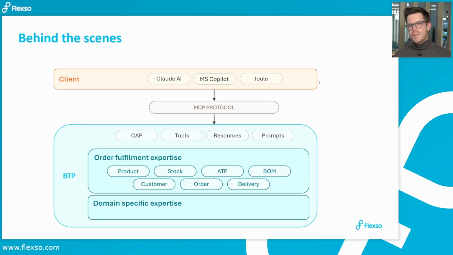From a functional perspective, what is in there is, let's say, a bundle of expertise. For the example we were giving, that's a bundle of expertise with some entities like product, stock, and availability, that we are able to then wrap with some context, some metadata, some information on how to do different steps, so that we then have a bundle of expertise, and the AI clients know how to use it and what they can retrieve from the system, what steps they need to take.